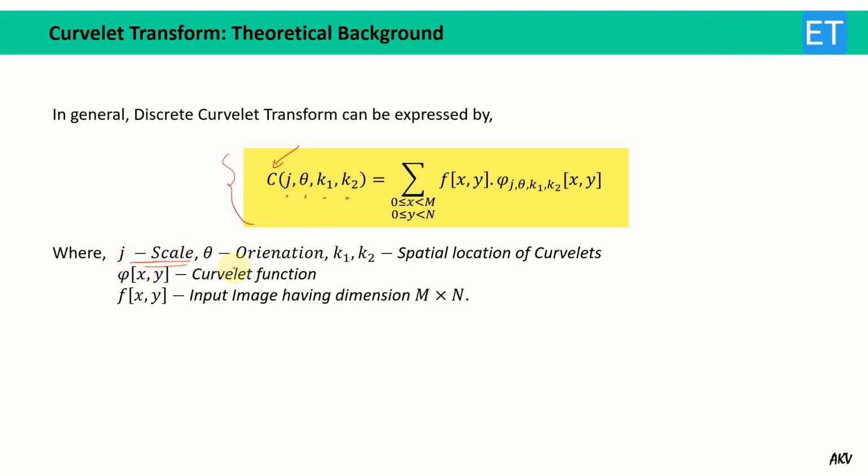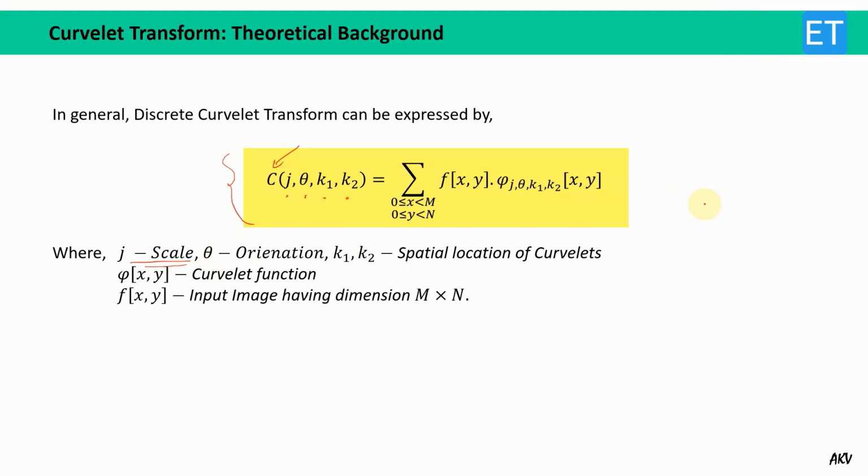Scale means coarse, finer, and the finest, like this. If you remember, when you do the wavelet transform, you define the number of decomposition levels. The same is the scale here. So if you define j equal to 3, it means there will be 3 levels of decomposition of the image using curvelets, right? And theta is the orientation of the curvelets.